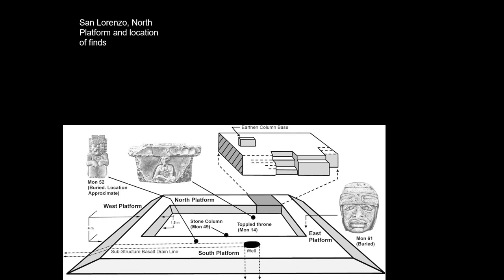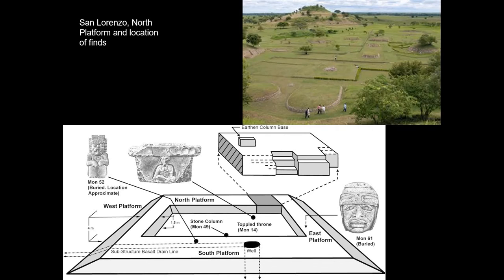So when we look at these mounds, they are, again, mostly rammed earth. But there are a number of monuments that are built into them, including, of course, the heads, as well as other substructures, thrones. So we really shouldn't think of these as finished temples, but works in progress.